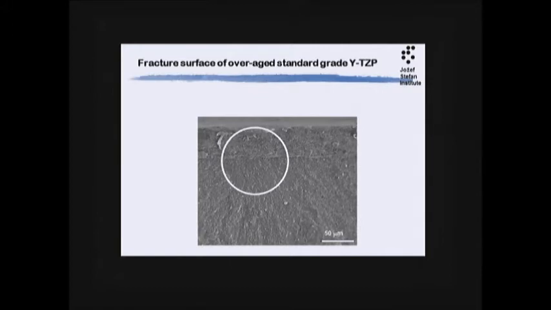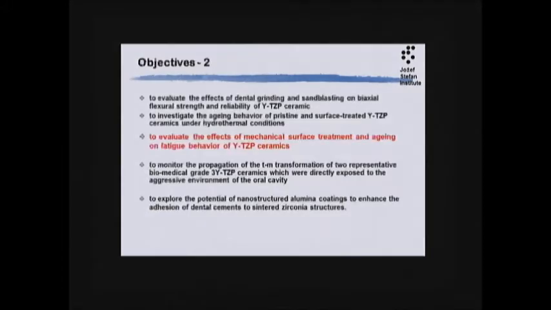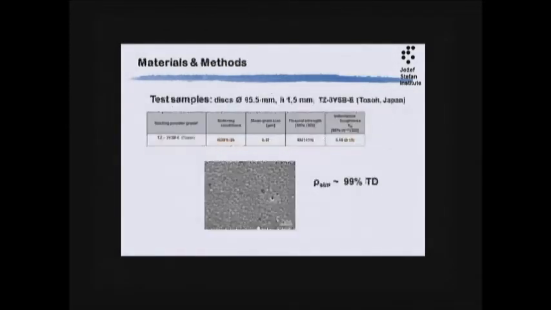Okay, let's have a look now at the fatigue behavior. We have chosen only one material, the coarse grained with a higher fracture toughness, and here are the strength and fracture toughness data.